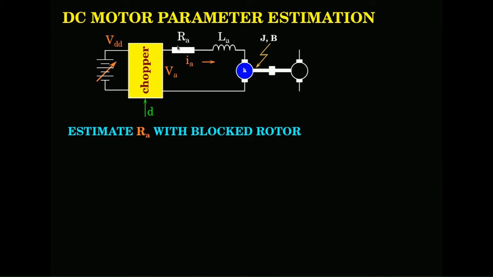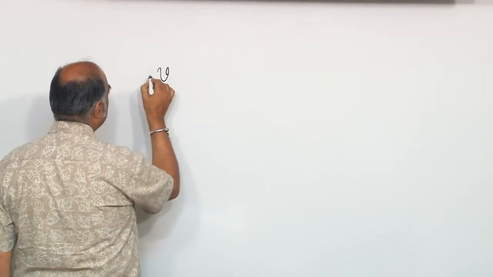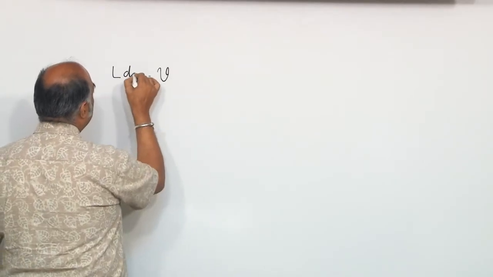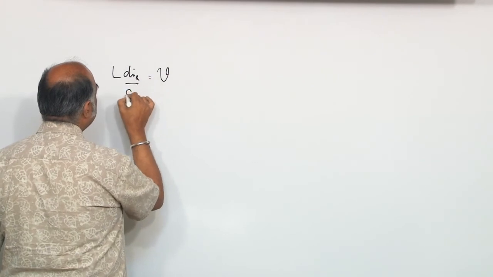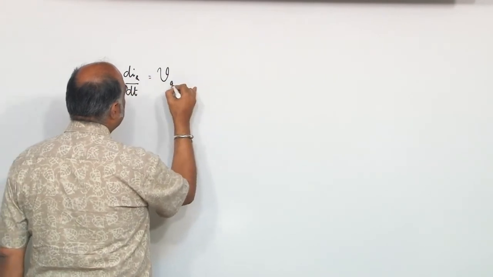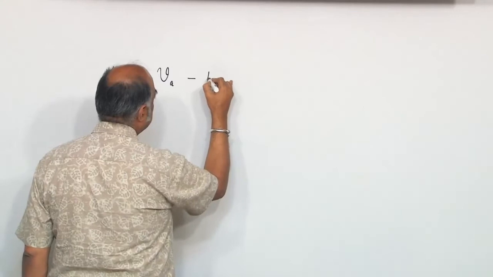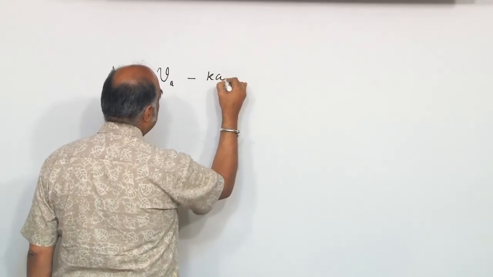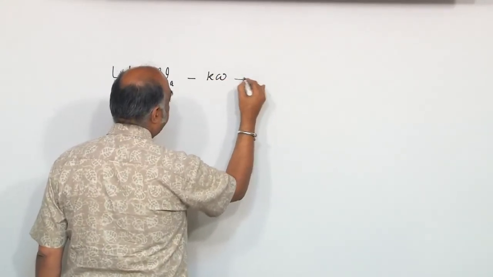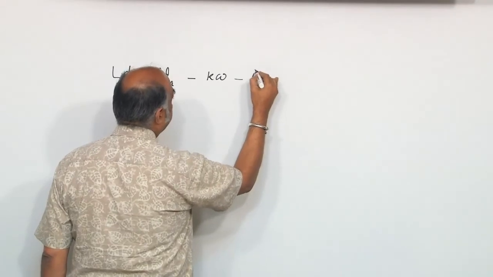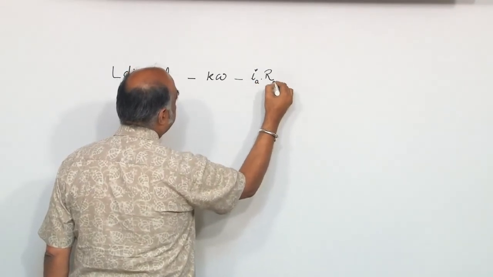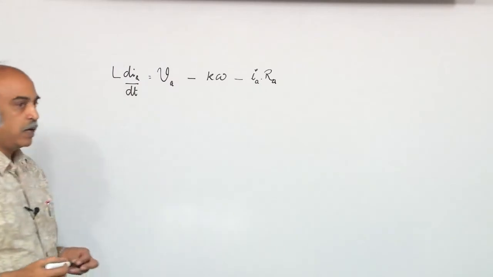If you look at this part in the model, L dIA by dt is equal to VA minus K omega minus IA into RA.